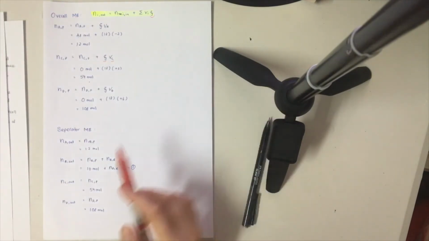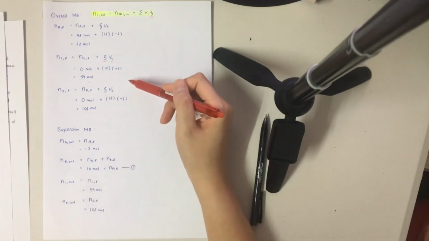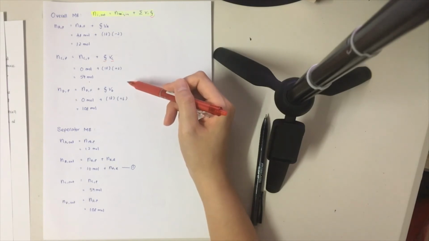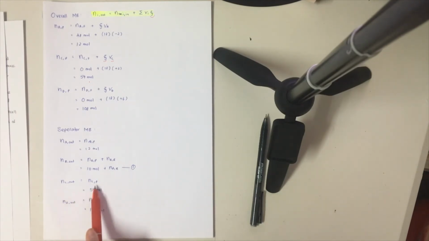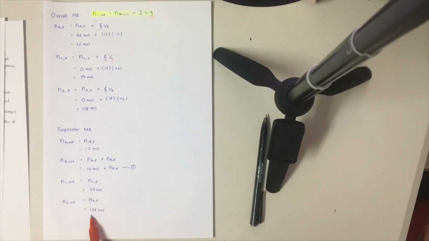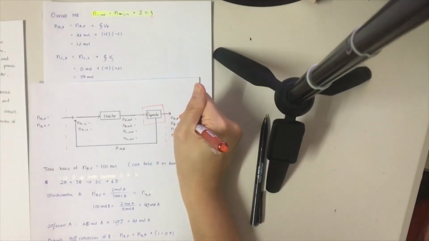So this one we found from the first part, there is 10 mole plus NBR. This one we don't know yet. NC out is equal to NCP, which is 54 moles, and ND out is equal to NDP, which is 108 moles.